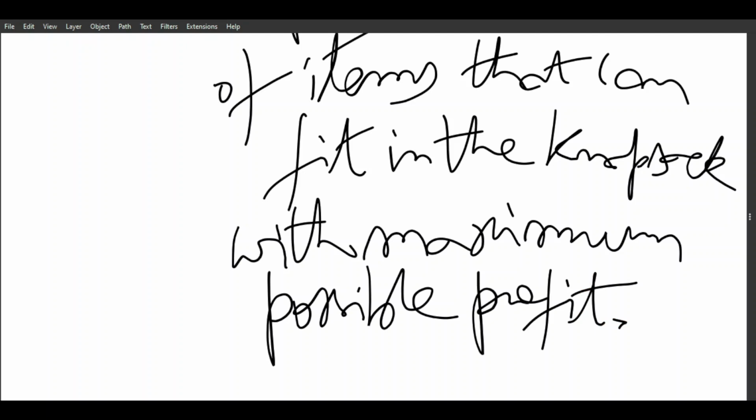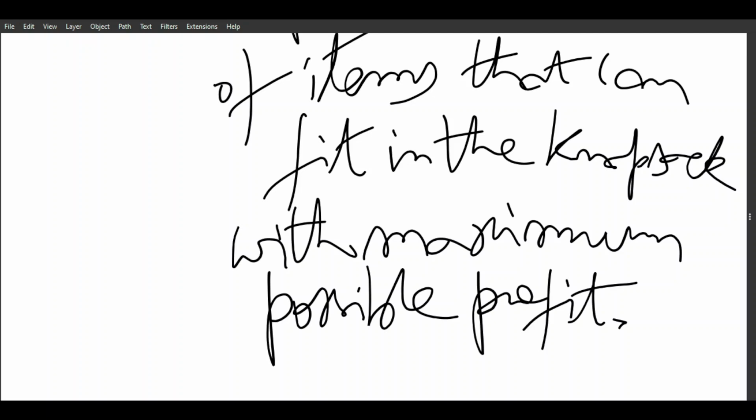Now there is a very simple formulation for this problem. It is called integer linear programming formulation, and we will study this in detail when we study approximation algorithms. This formulation is very useful.